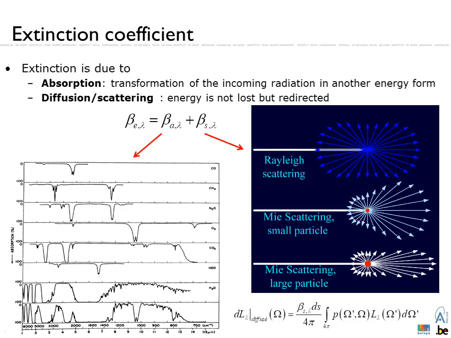Extinction is due to absorption and scattering. Absorption coefficients can be calculated using first principle spectroscopy theory. They will depend on the geometry and symmetry of the molecule, the temperature, and the presence of other gases. This graph here shows the resulting absorption spectra for a series of species usually found in atmospheres.